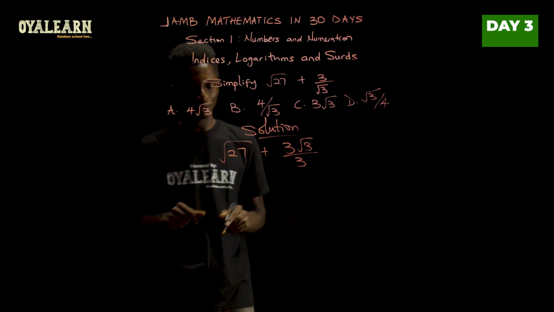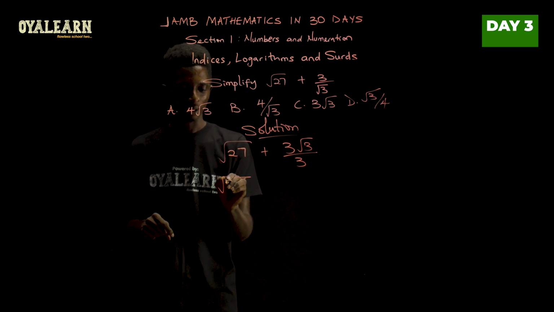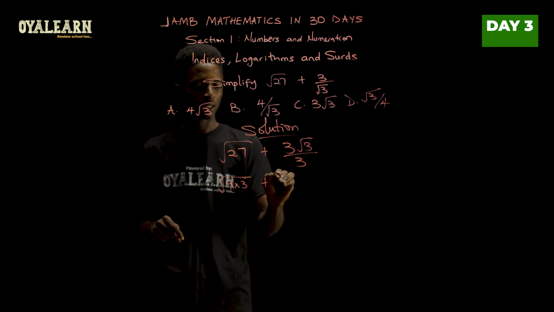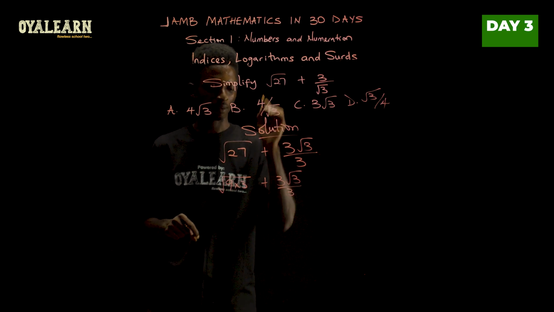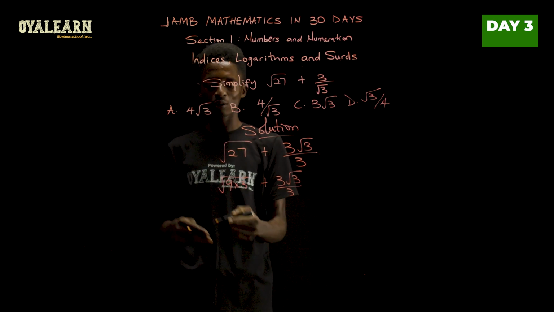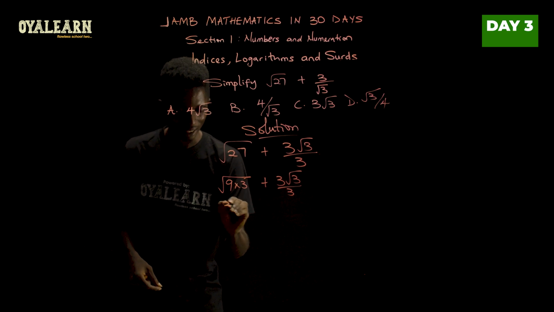Now this can be written as surd 9 times 3. So plus 3 surd 3 over 3. Now when we work with this, we can then break it down to surd 9 times surd 3. And surd 9 is 3.